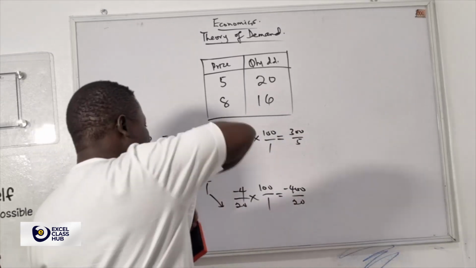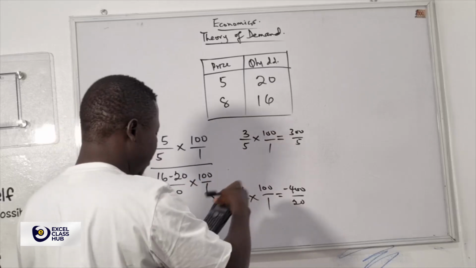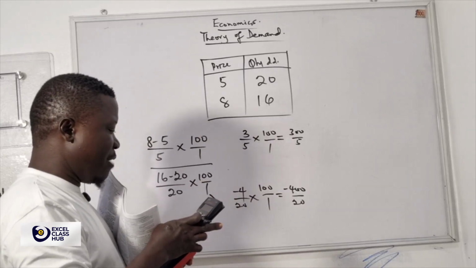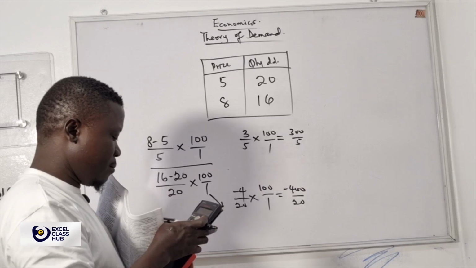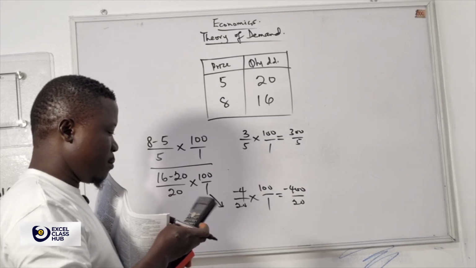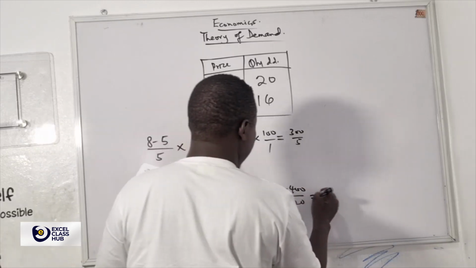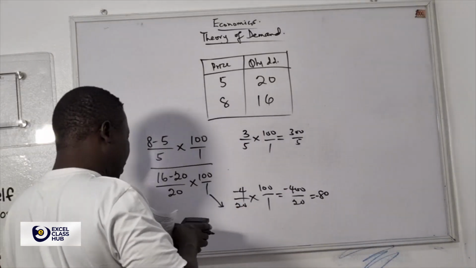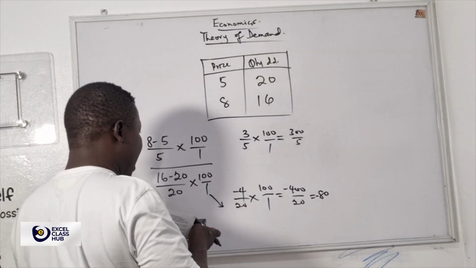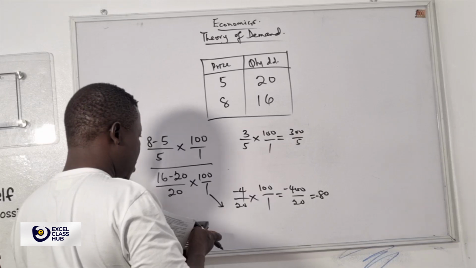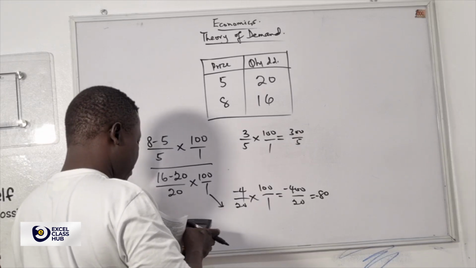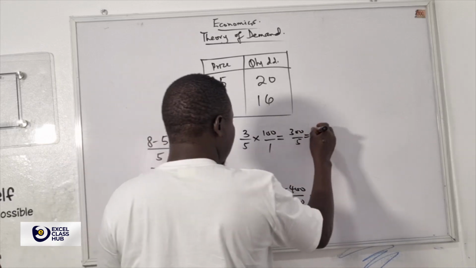Let's know the value there. 400 divided by 5 is 80, and 300 divided by 5 will be 60.